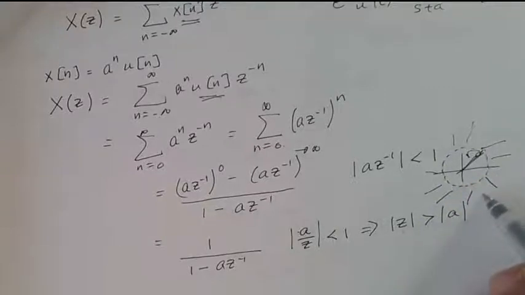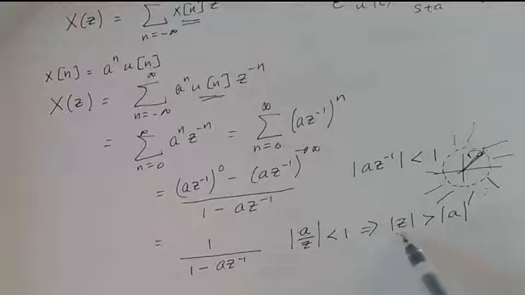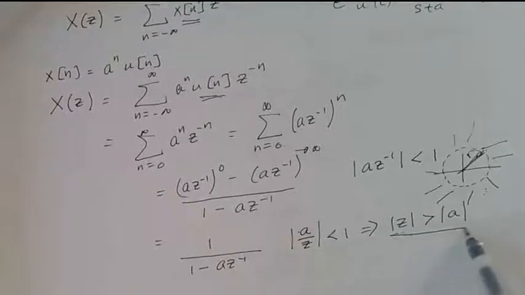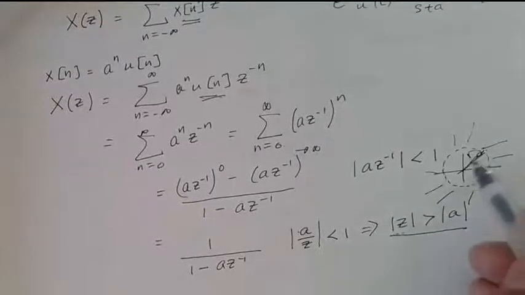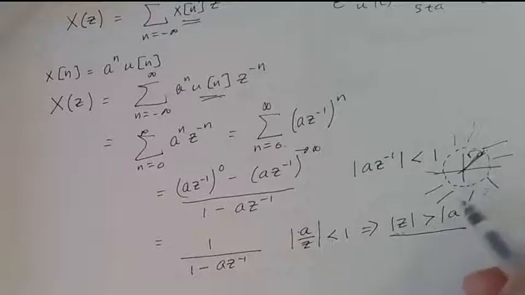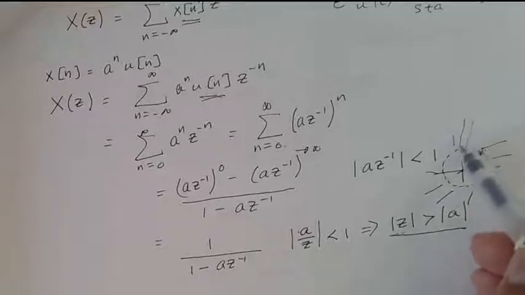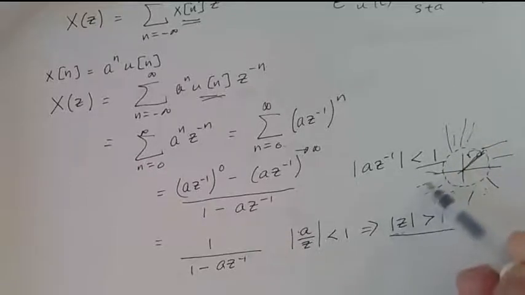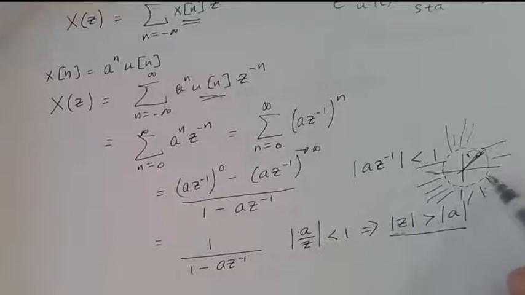This is important. I want you to know this one. So when we say that the region of convergence is magnitude of z greater than a, what we mean is that there is a circle of radius absolute value of a, or magnitude of a, and the region of convergence are all those values of z that lie outside of this circle.